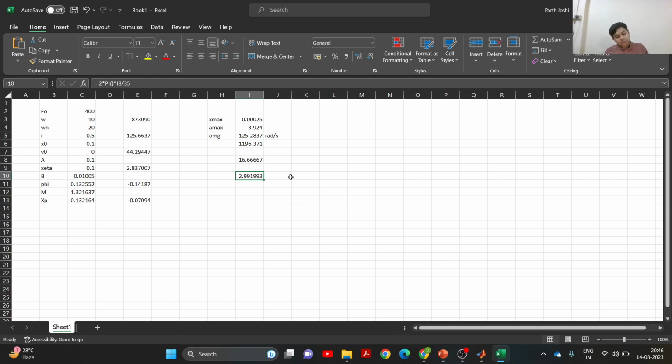So it's approximately 3 radians per second. The frequency is omega by 2 pi, which is 3 by 2 pi.